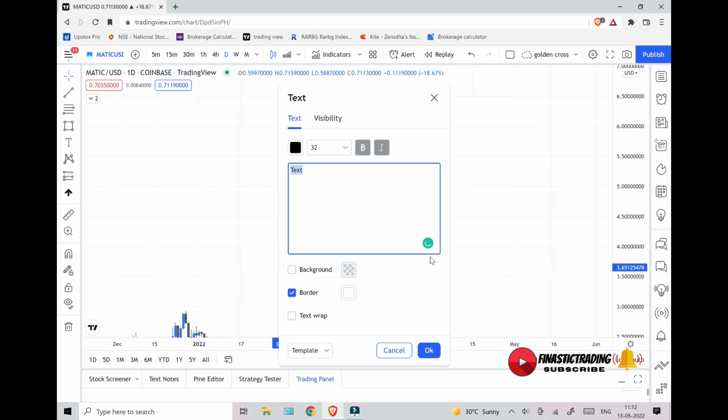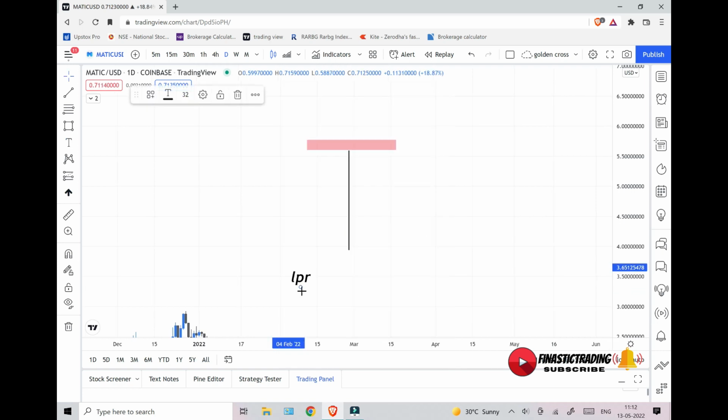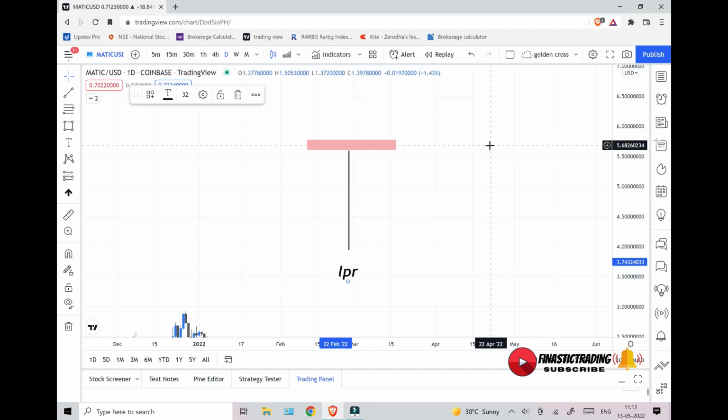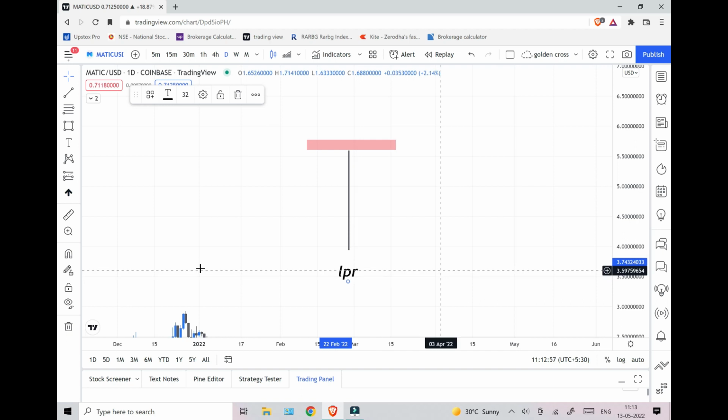The name of the candle is LPR. This is what we like to call it in our candlestick trading. LPR means lower price rejection. So what basically happened over here is there was selling pressure, and the buyers were so strong at the support level that they took it up to this level and closed over here.